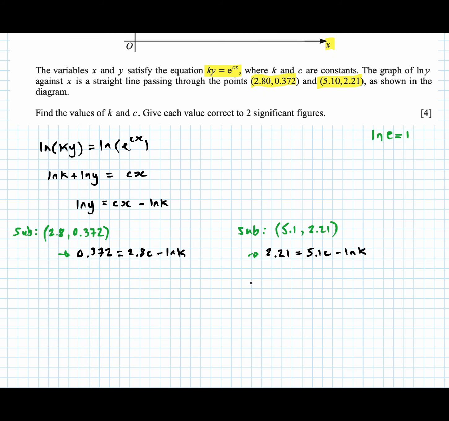We have a minus ln k, so that can cancel out on both of them. So just subtract there. Or, yeah, just subtract. 2 minus 1. And we have 1.838 equals 2.3c. C is equal to 0.7991. So that's one value done.